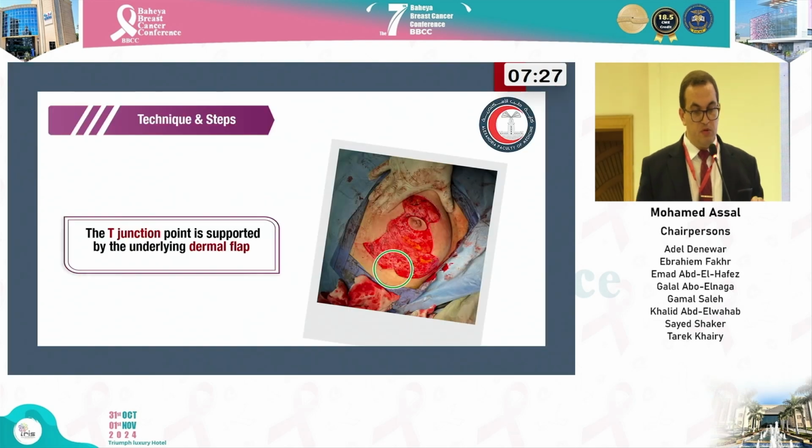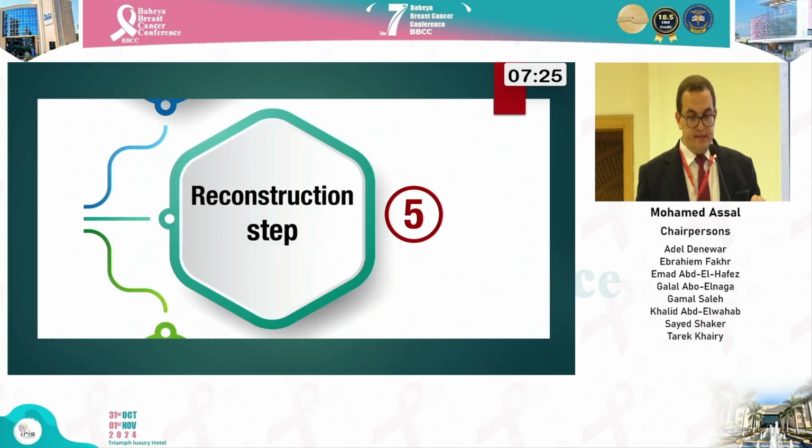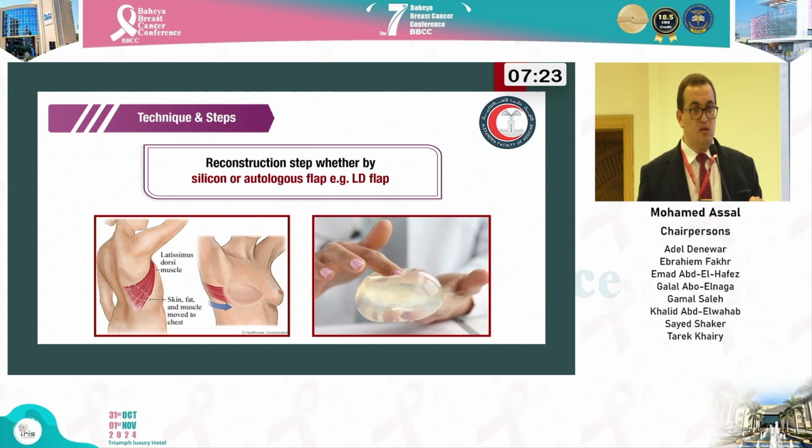The T-junction point is supported by the underlying dermal flap, and then the reconstruction step, either autologous or using silicone implant.